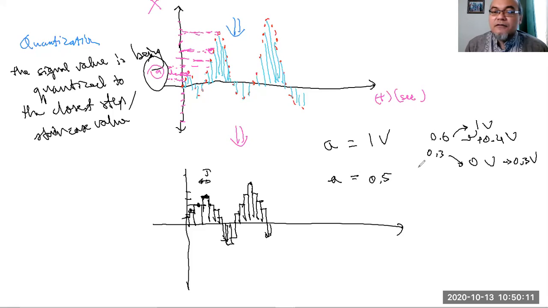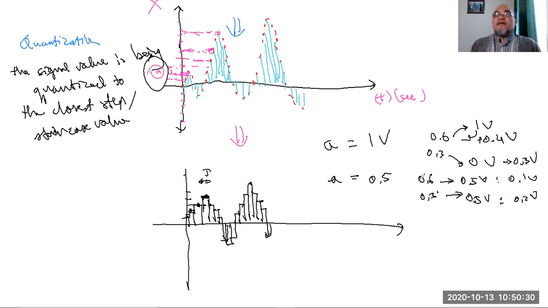So what will happen is, 0.6 will be rounded to 0.5 volt, and 0.3 will be rounded to 0.5 volt as well. Here the difference will be 0.1 volt, and here 0.2 volt. Although they now become the same level, the difference to the original value becomes smaller compared to when A is 1 volt.